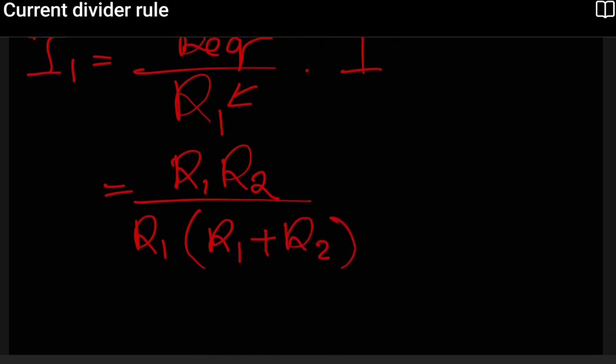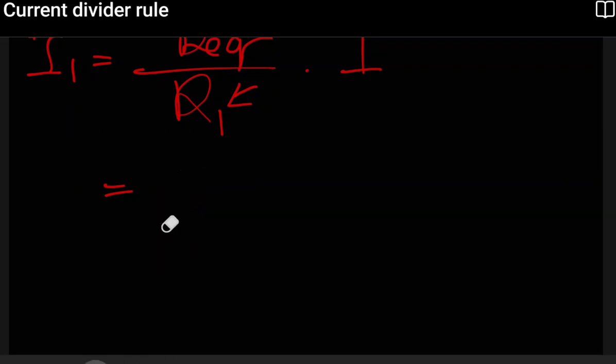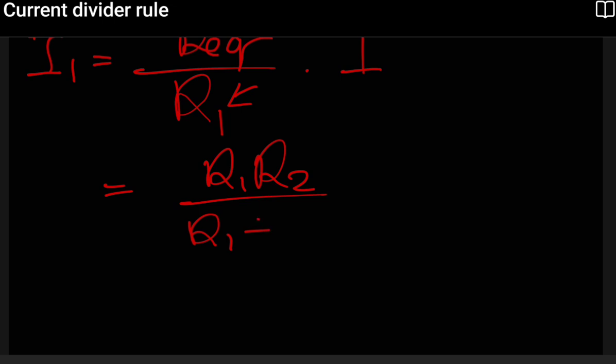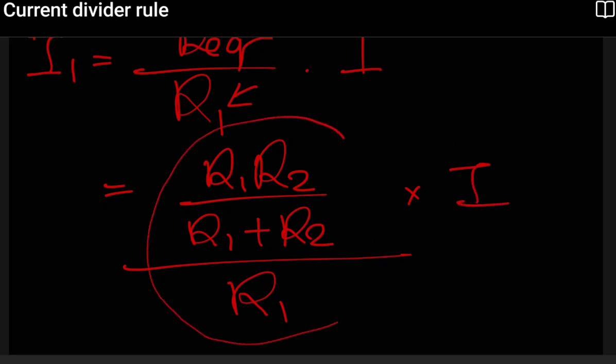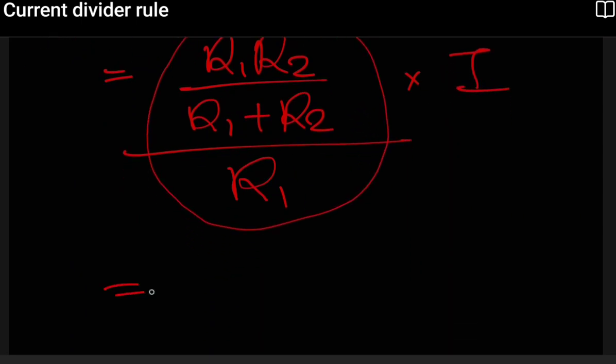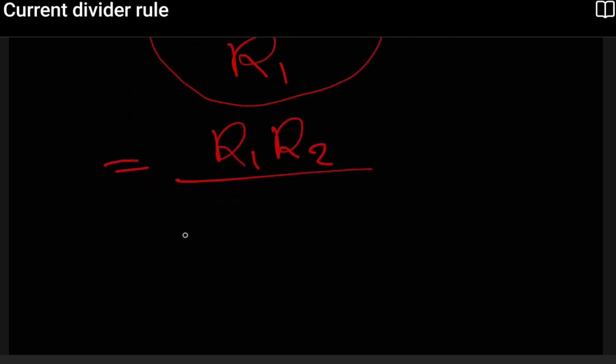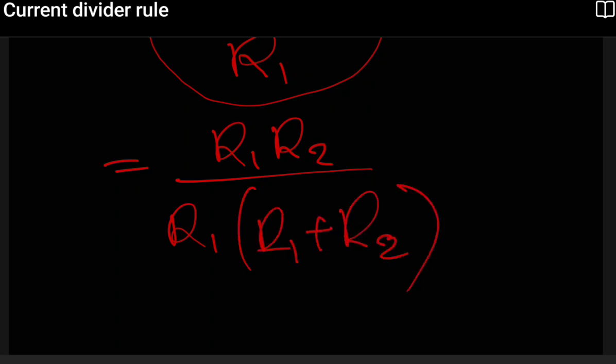I hope you were able to follow this, but if I was to do it a little bit slower, where there is equivalent resistance, I would have R1 R2 divided by R1 plus R2, then this all divided by R1, then of course multiplying I. Making it a single fraction, we end up with R1 R2 divided by R1 times R1 plus R2, multiplying the current coming from the source.